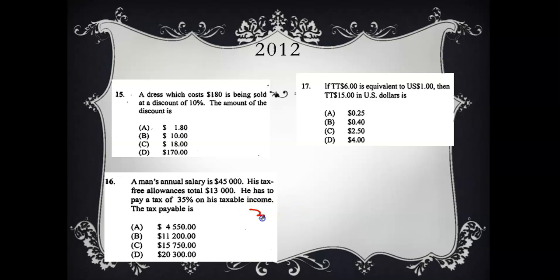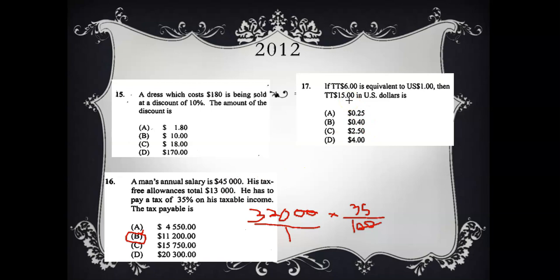So that would be 32,000 times 35 over 100. Zeros at the end cancel zeros at the end. 320 times 35, and that would give us 11,200.